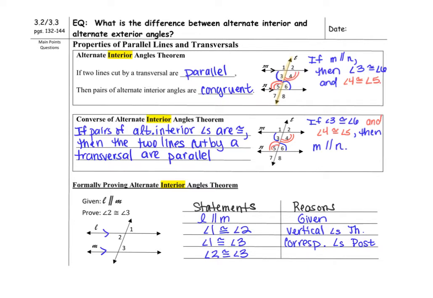This would be the transitive property of congruence. So this proof uses the vertical angles theorem and the corresponding angles postulate to prove that alternate interior angles are congruent.